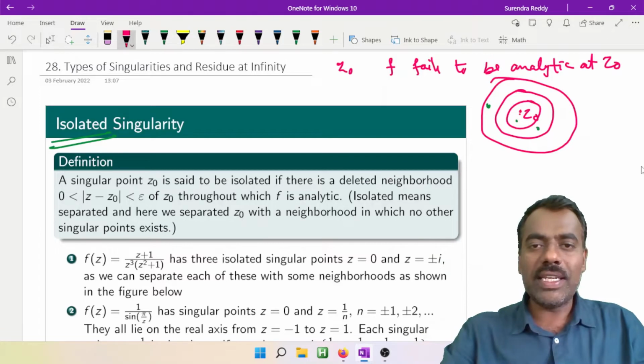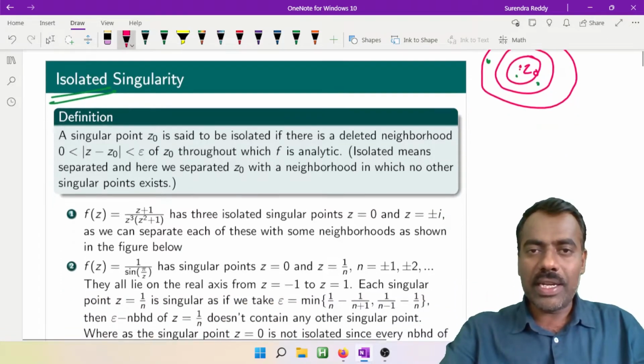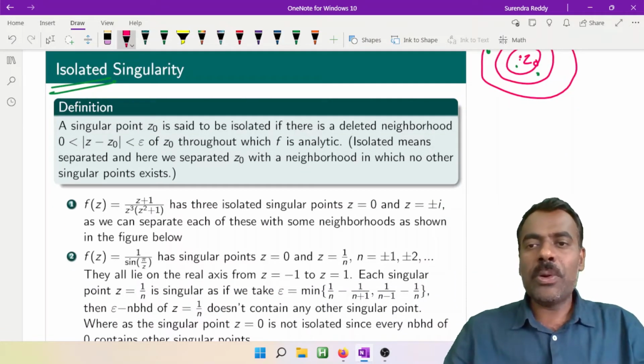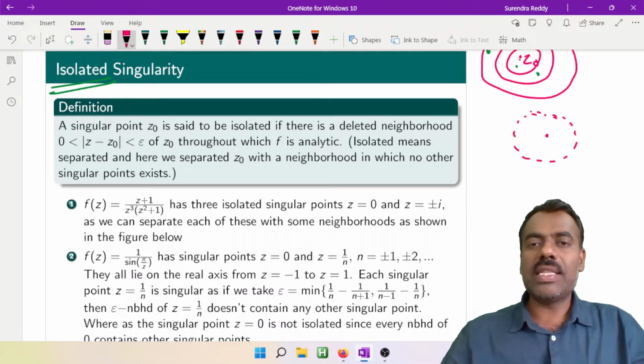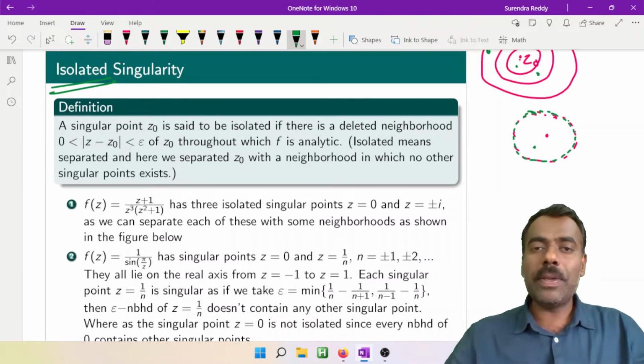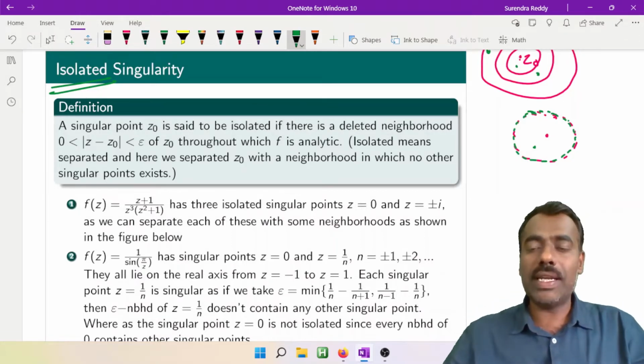Similarly for singularity, a singular point is said to be an isolated singularity if we can find a neighborhood around that z naught such that no other singular points exist in this neighborhood. That means we have separated this singular point from other singular points. If it is possible, then we say it is an isolated singularity.